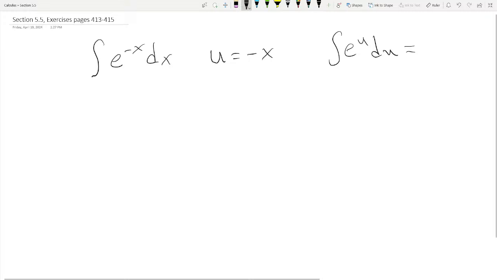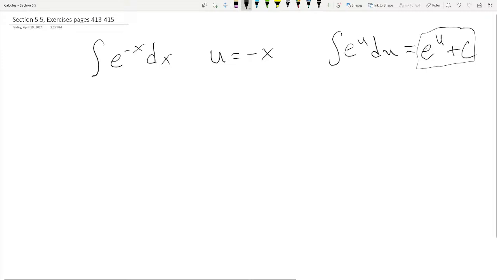Well, the derivative of e to the u is e to the u. So the thing that gets you back to e to the u is e to the u. And then you can add a constant, because the derivative of a constant is always 0. So this represents the most general antiderivative of e to the u.